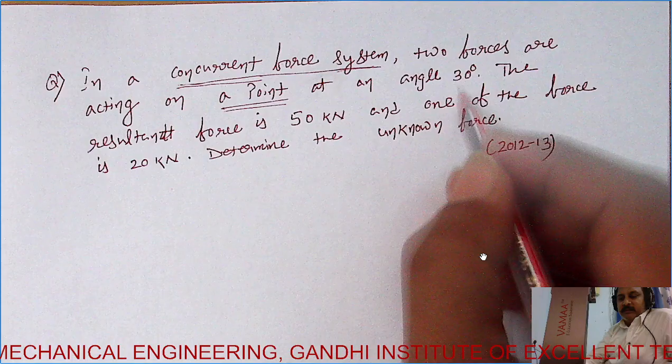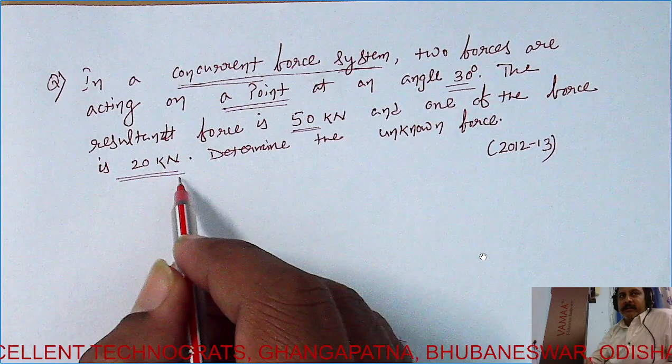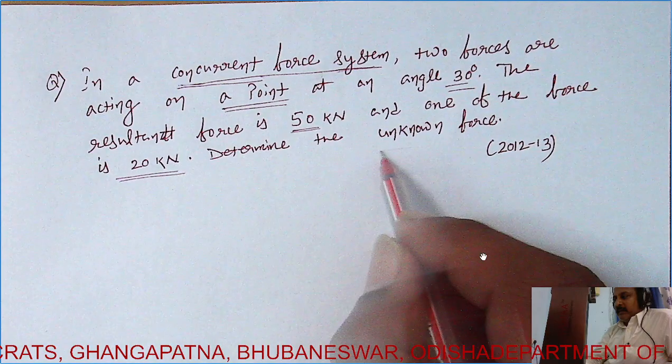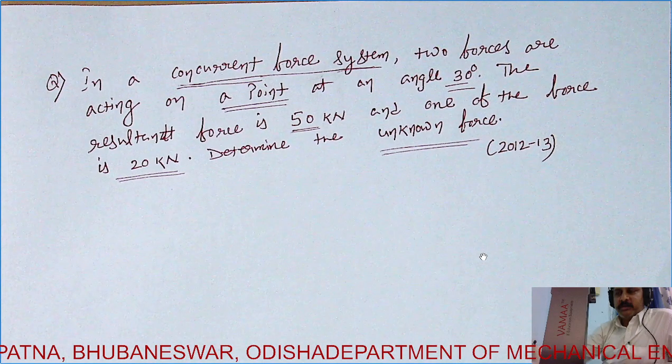The resultant force is 50 kilonewton, and one of the two forces is 20 kilonewton. Determine the other, unknown force. So this is a 2 marks question. Now let us solve this particular question.